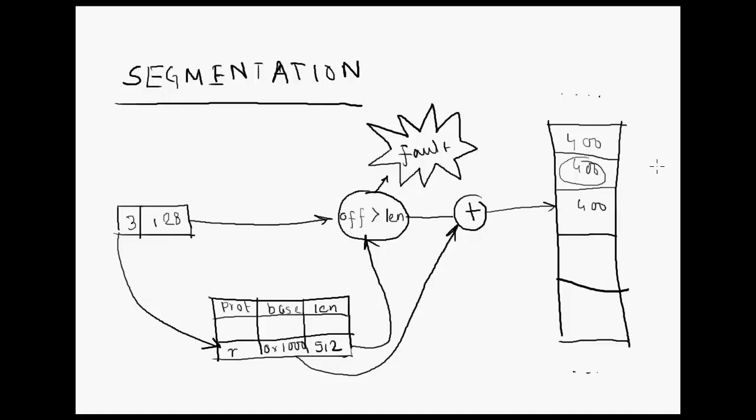This kind of fragmentation is called external fragmentation. The biggest problem that we have with segmentation is external fragmentation. Let's see how we can solve this problem with another scheme.